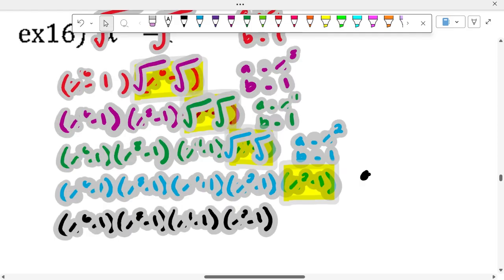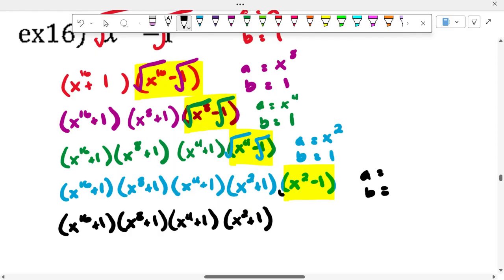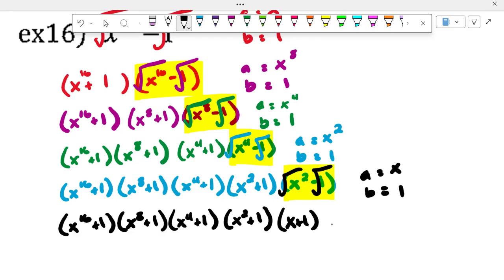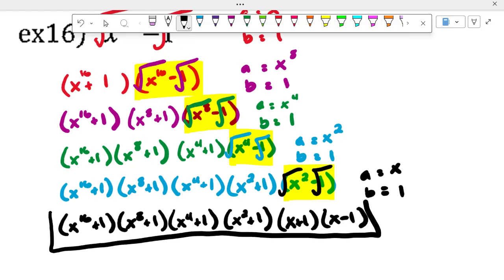And then we're going to take care of this last one. Square root, square root, square root of x squared, square root of 1. This should be x plus 1, x minus 1. Now we're finally done. We have no more difference of 2 squares.